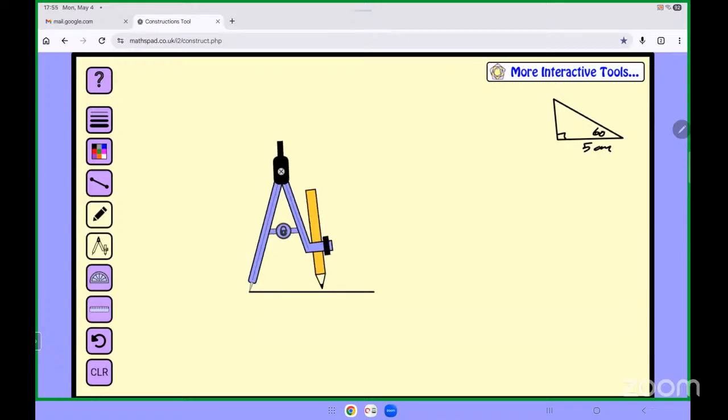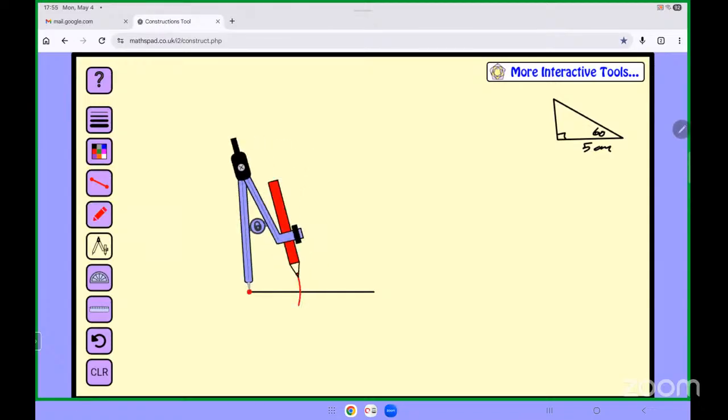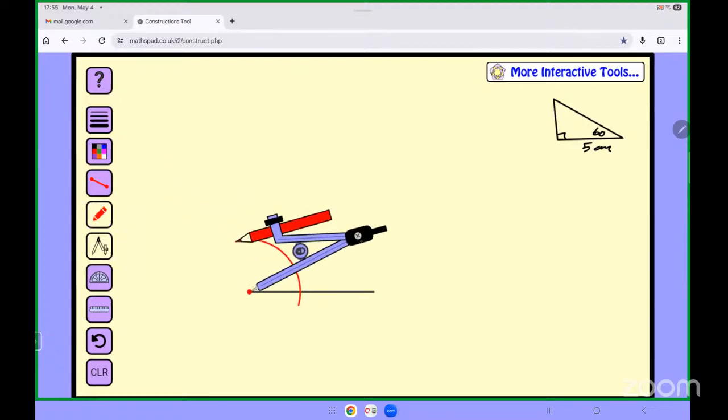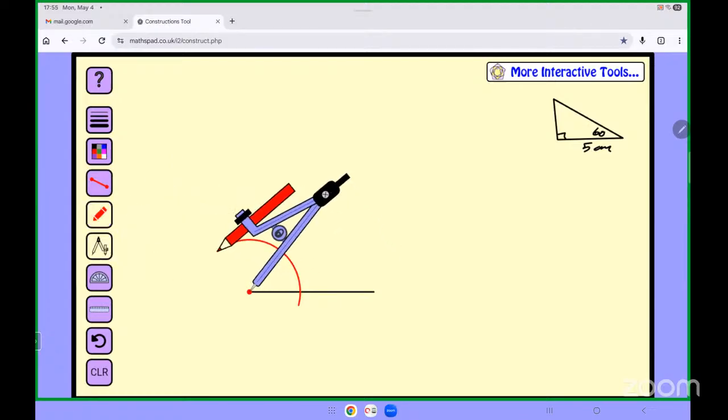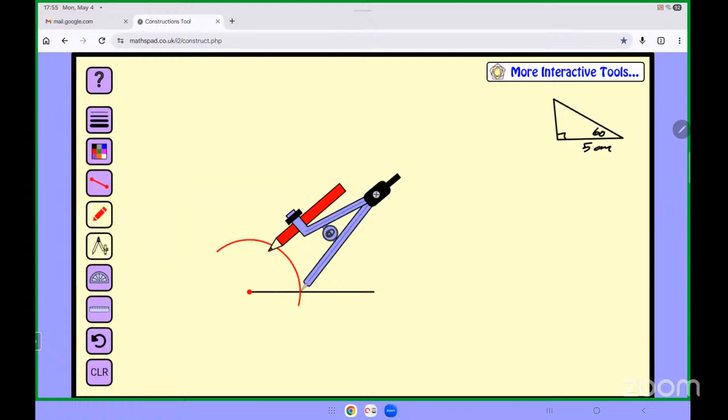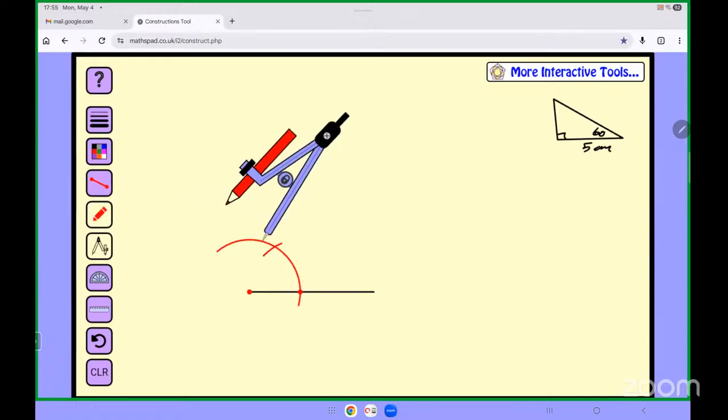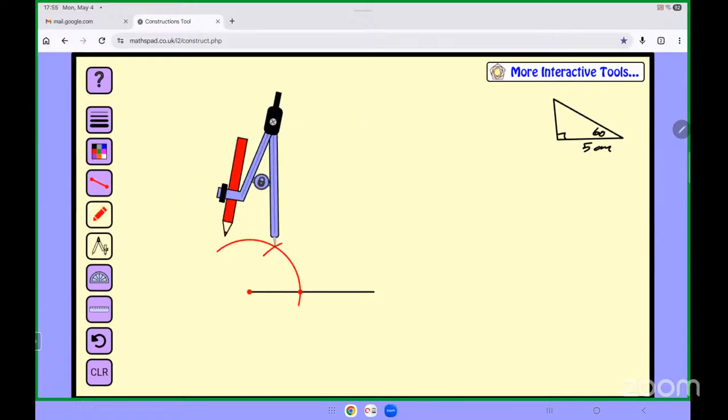Hold your compass a reasonable diameter. When we construct 90, remember we do a 120 and break it into 60-60. So construct a big 120 over here, all the way over there. Then move the point to here, cross the first arc, and that's 60. Come up to this intersection and then cross the second one.